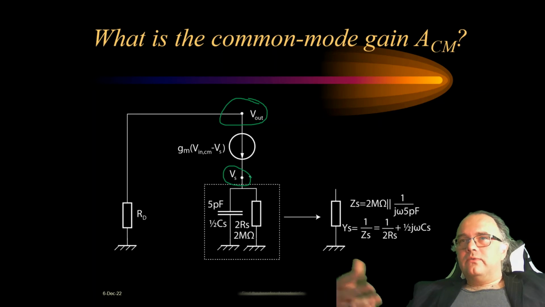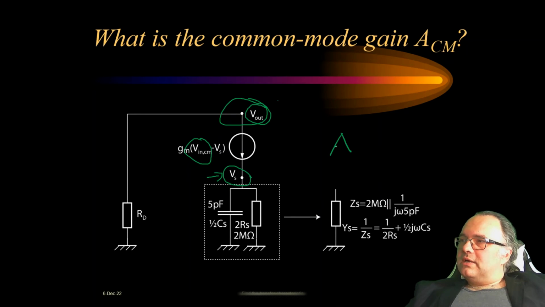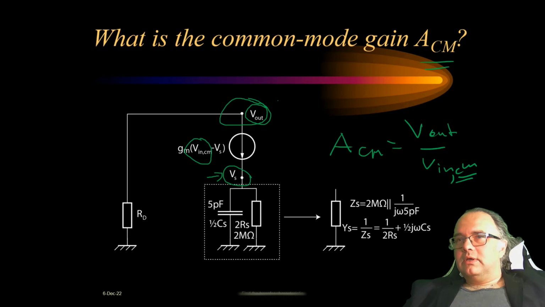So I'll have two equations, and then I will eliminate one of the variables that I don't need, Vs. I'll have one equation which links the output voltage with the input voltage, and this is how I'll find the common mode gain, which is defined as the ratio between the output and the input. I write common mode here because I explicitly analyze the circuit for common mode signals.